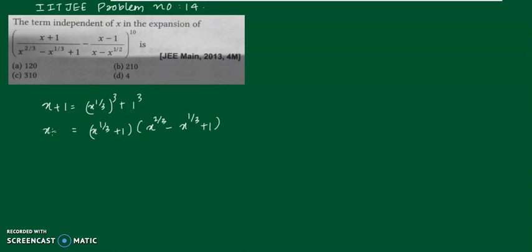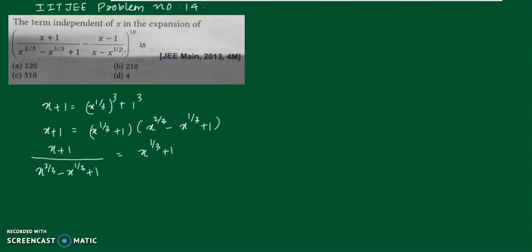So this is x plus 1. Here it is x plus 1 divided by this factor, so x plus 1 divided by x raised to 2 by 3 minus x raised to 1 by 3 plus 1 is nothing but x raised to 1 by 3 plus 1.